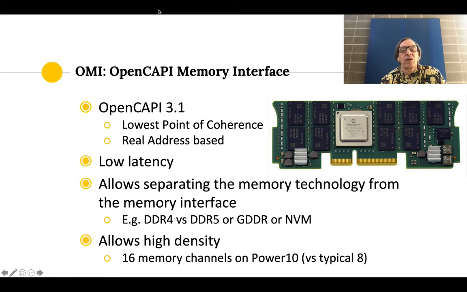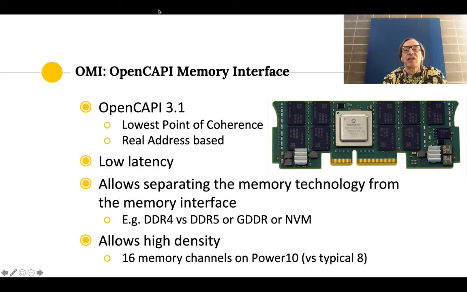I mentioned OpenCAPI 3.1, which is a physical address-based interface used for memory devices with low latency, and it's a subset of the OpenCAPI interface specification. This allows separating the memory technology, DDR4, DDR5, GDDR, non-volatile memory, from the specifics of the interface.